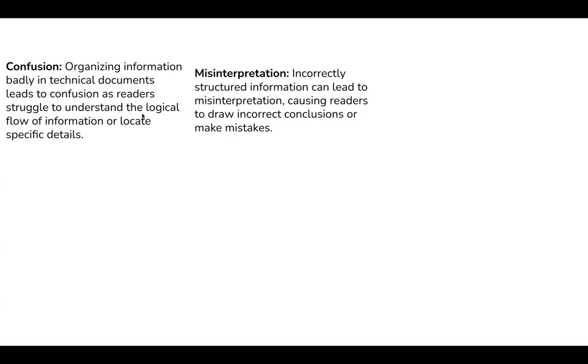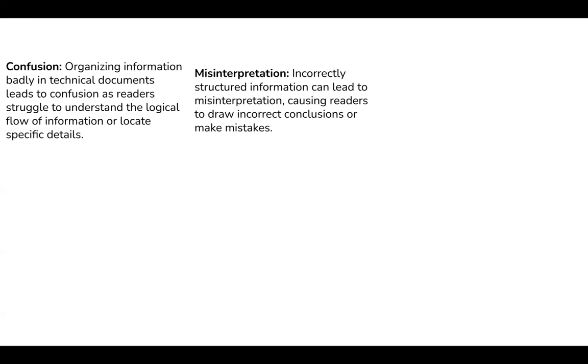The next one is misinterpretation. If you're writing an article and in one paragraph or in one section you talked about HTML, CSS, and JavaScript all together, they are going to wonder what you are talking about. They are going to interpret it in multiple ways, and they'll come to incorrect conclusions and make mistakes, because they are not sure maybe this particular concept is referring to JavaScript or CSS or HTML, right?